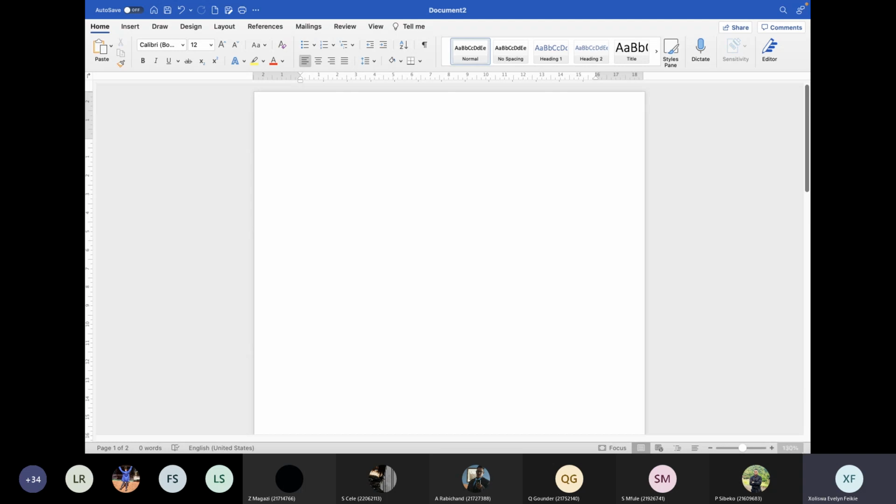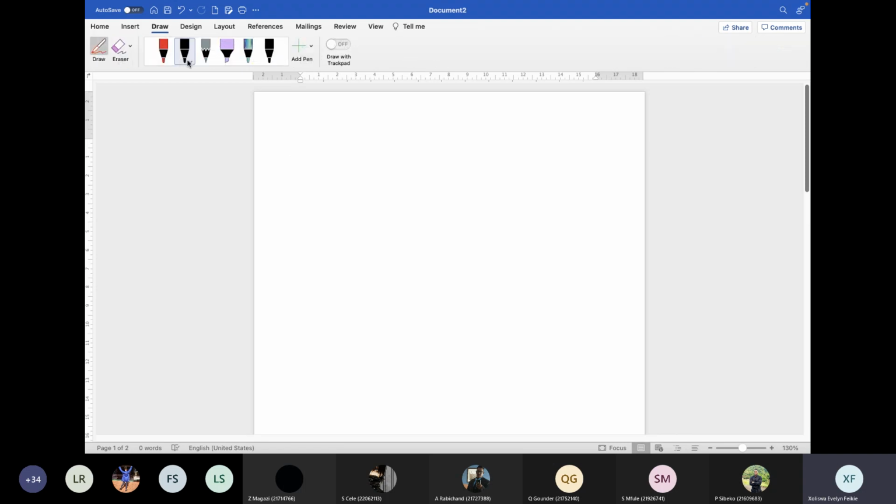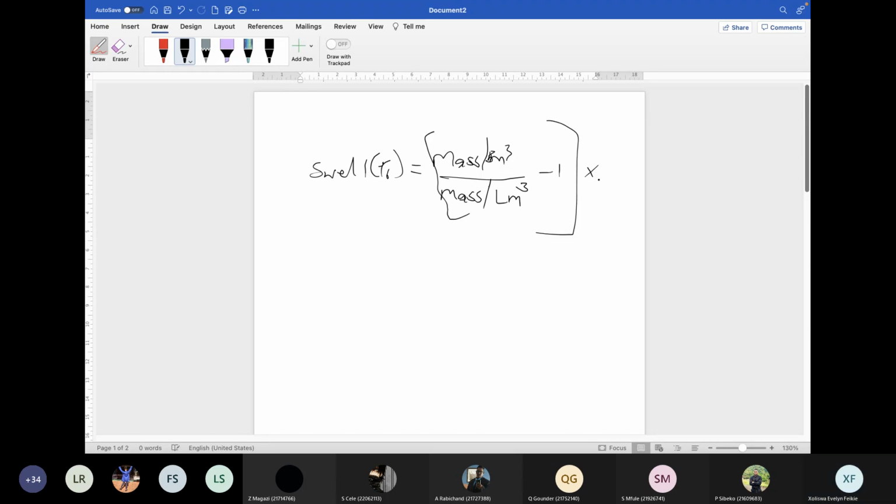So the 25 that they're talking about, remember, there is this formula. When you go back to the previous page, they say you have a swell in percentage, it equals mass BM cubed over mass LM cubed minus 1, times 100. So what are they saying?